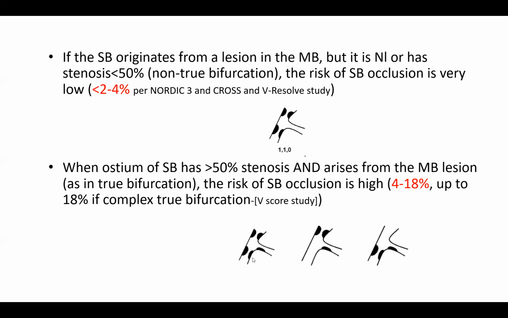And this is why it may be appropriate in those cases to do a planned 2-stent strategy. Okay, so I hope everybody understands this classification. This classification doesn't just explain the risk of acute side branch occlusion, it also explains and correlates with the risk of late target vessel revascularization, late stent thrombosis, and late MACE.